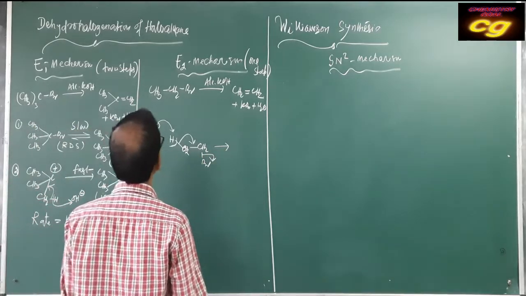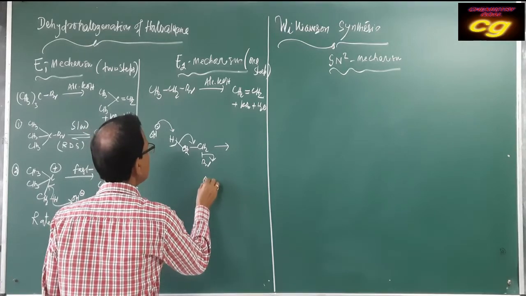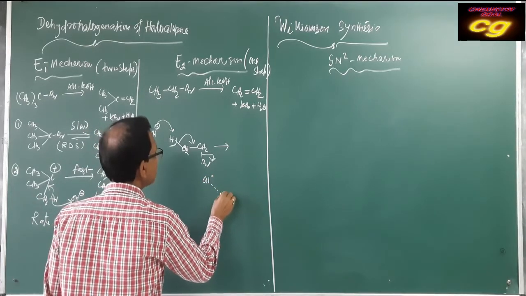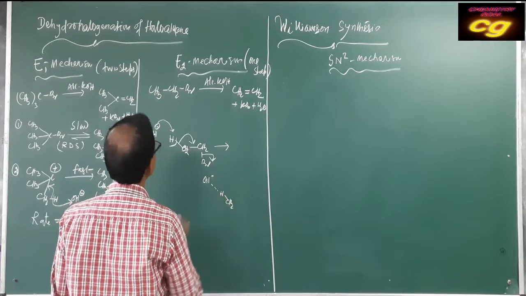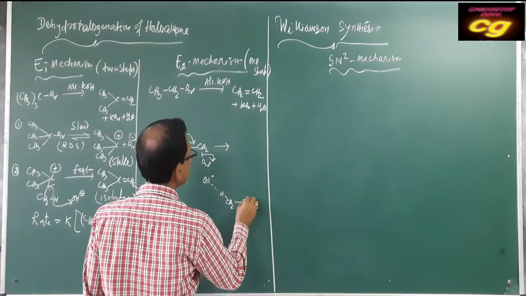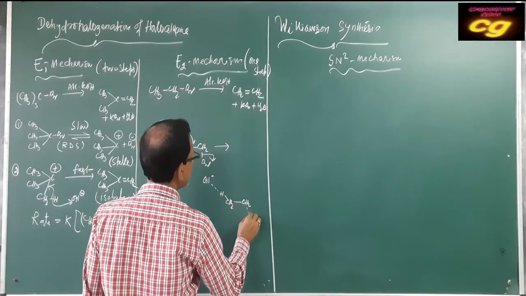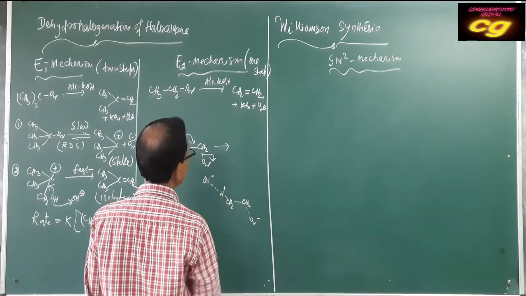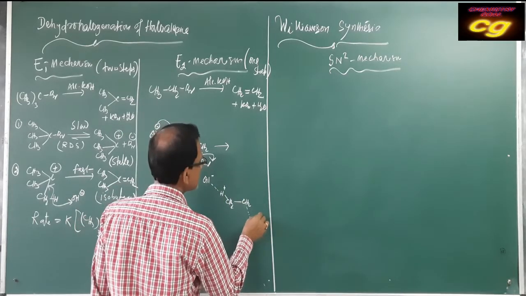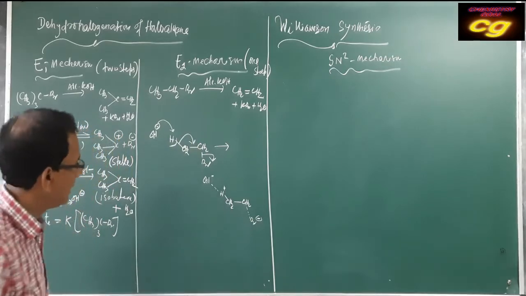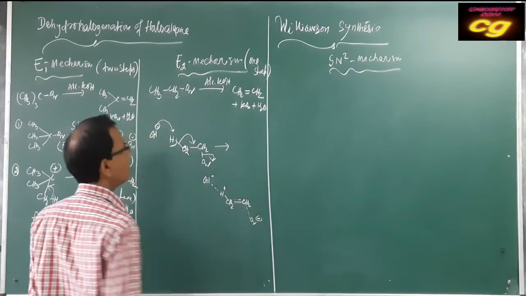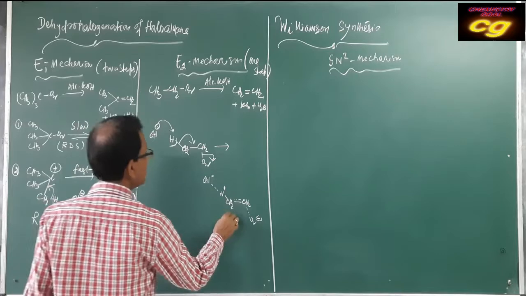We can write the transition state like this: OH minus dotted to H, CH2, then single bond CH2 dotted to Br minus, with partial formation of the pi bond. So this is called the transition state.